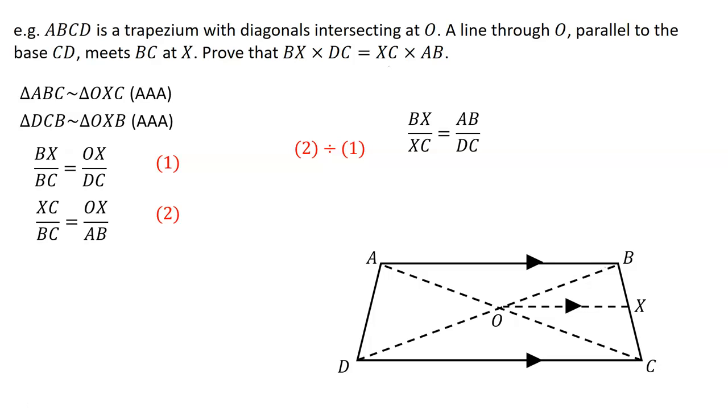I'll leave you to work out quite how I've done that simplification. If you're still confused, then I can go through it with you later. So that gives me this, and then I can just cross multiply to give me BX times DC equals AB times XC.